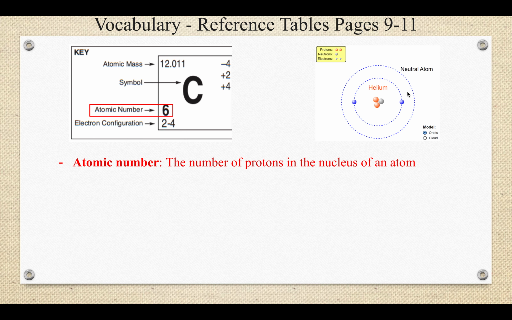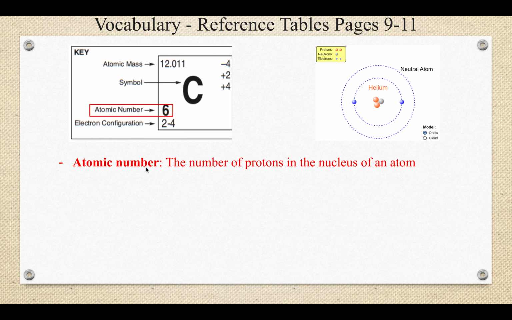So remembering that on your reference table, pages 9 to 11 at the top of the Google Classroom, the atomic number is the number of protons in the nucleus of an atom, and it is what identifies what an atom is. If this atomic number changes, then the atom changes.